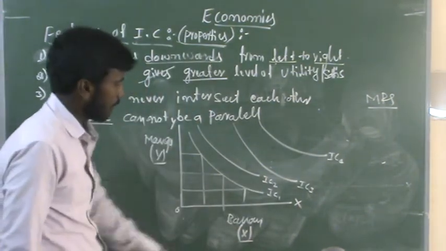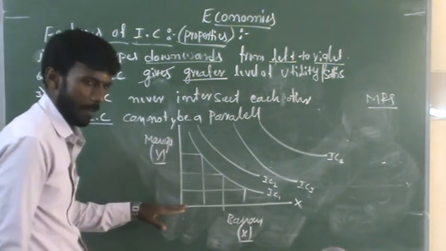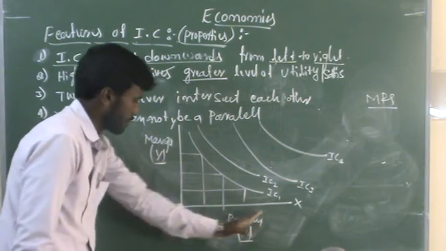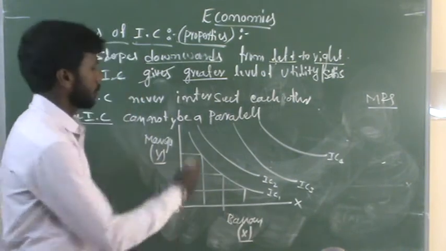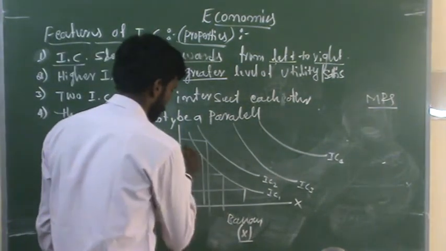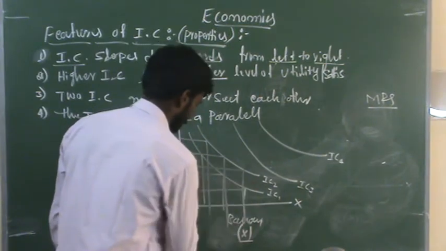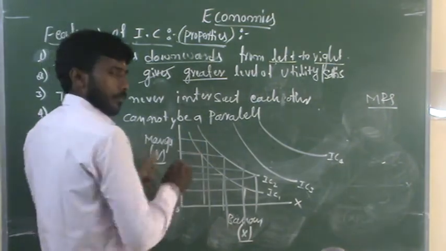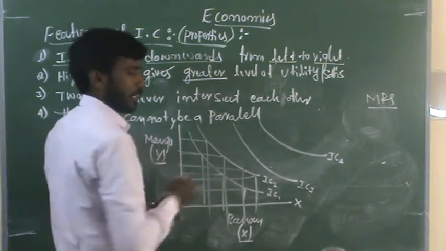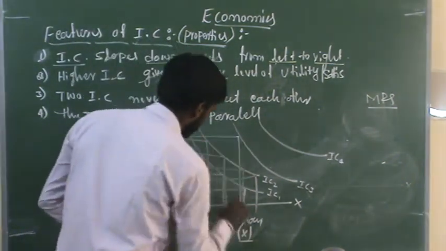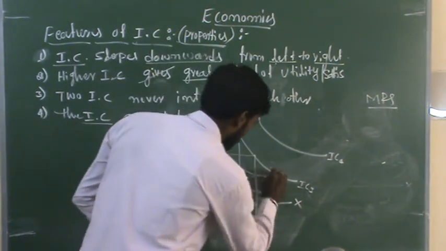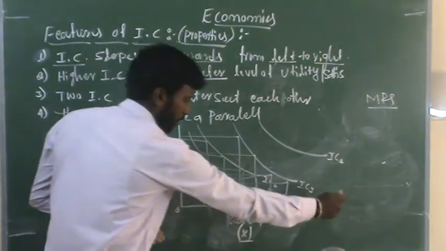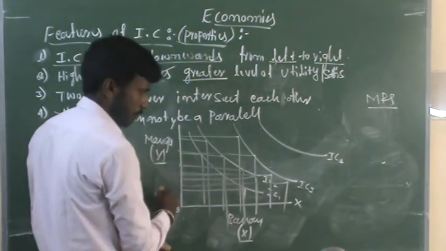While the consumer gets more and more bananas, they have to sacrifice mangoes, or vice versa. Suppose the consumer gets more mangoes, they have to sacrifice bananas. Right? Comes to the second one. Let us consider, same meaning. So taking IC3 now. See, the consumer getting more and more bananas has to sacrifice mangoes.